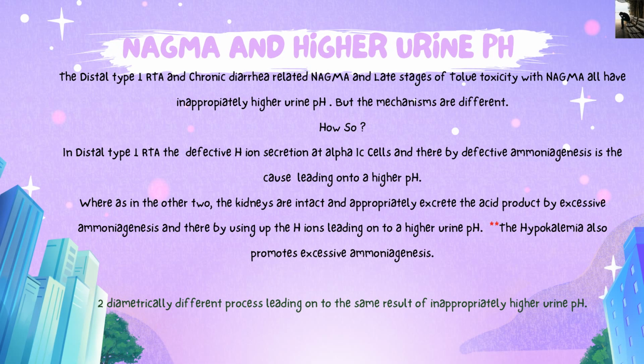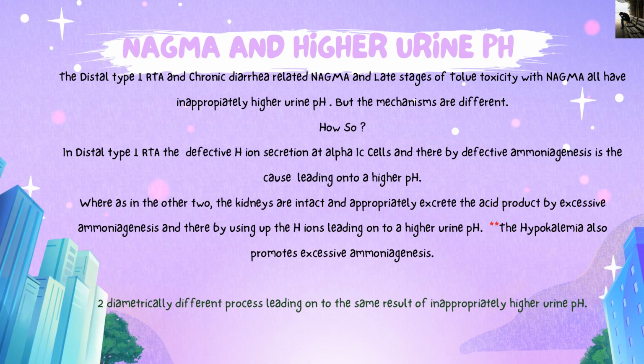In distal type 1 RTA, the defect is hydrogen ion secretion at the alpha intercalated cells of the collecting ducts. Thereby, there is defective ammoniogenesis, and this is the cause leading to a higher pH. Whereas in the other two, it's a diametrically opposed process. The kidneys are intact and they appropriately excrete acid by excessive ammoniogenesis, thereby using up all the hydrogen ions and leading to a higher pH, because there are no hydrogen ions left to acidify the urine.